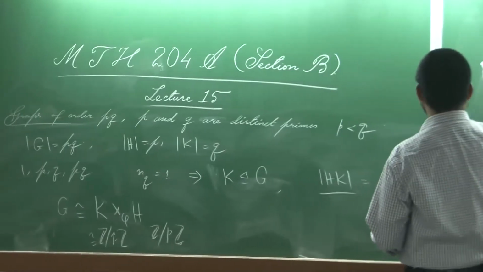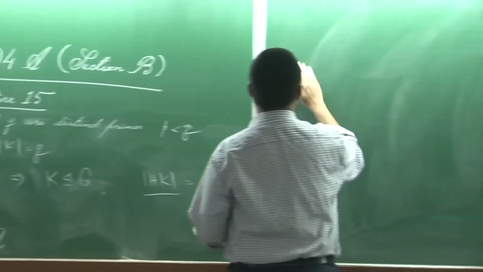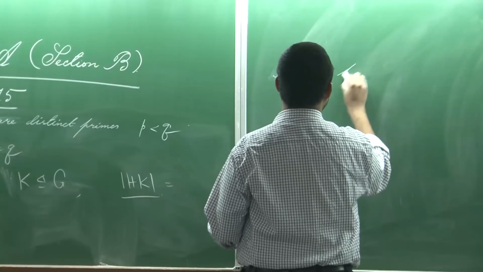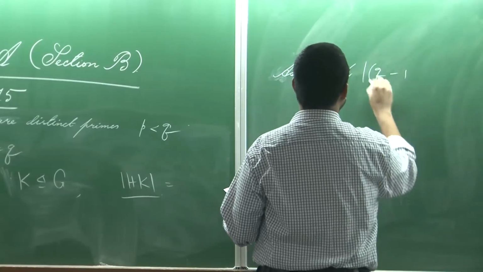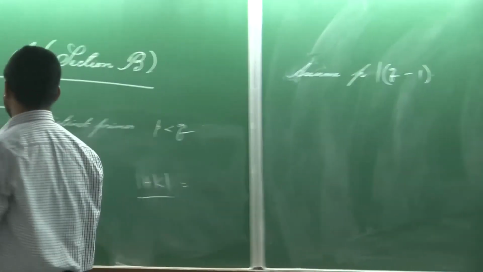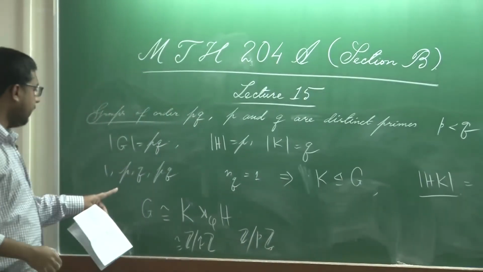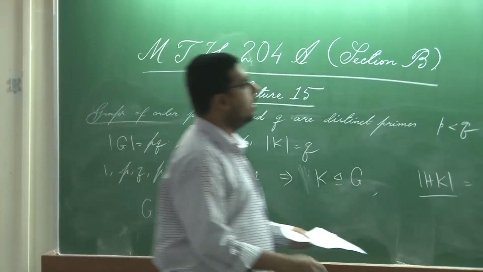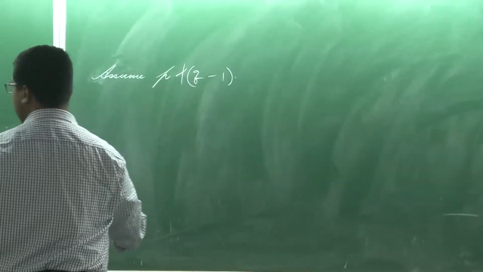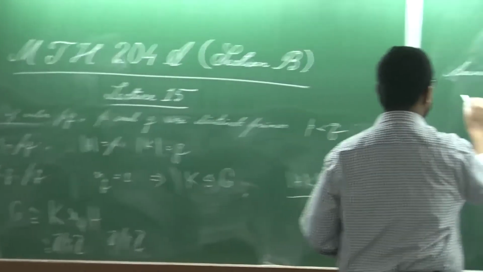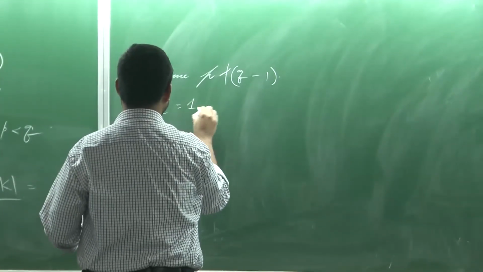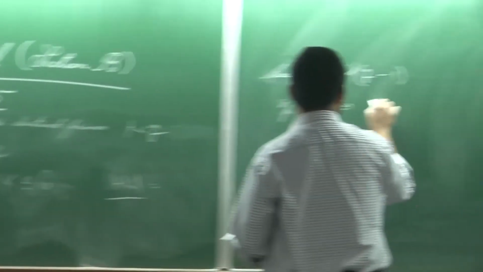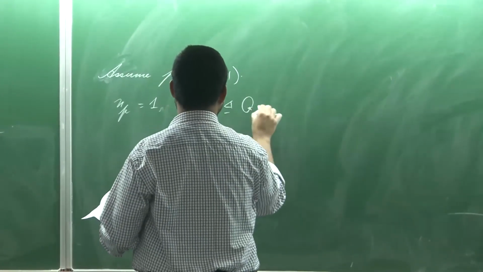Assume p does not divide q minus 1, then what happens? Then we see that n_p is also 1. This implies H is also normal.